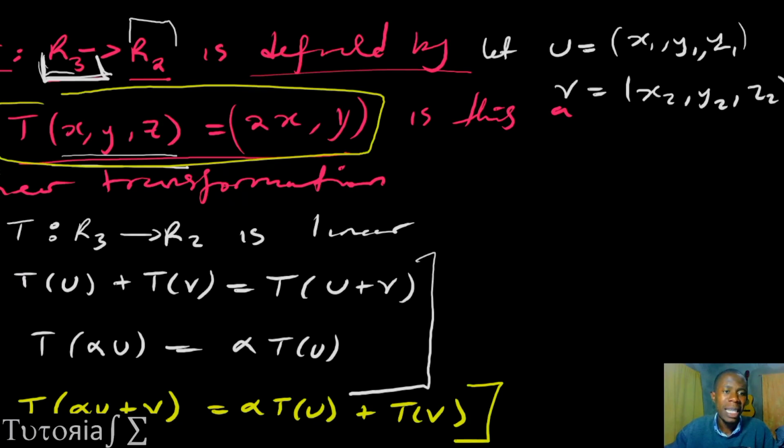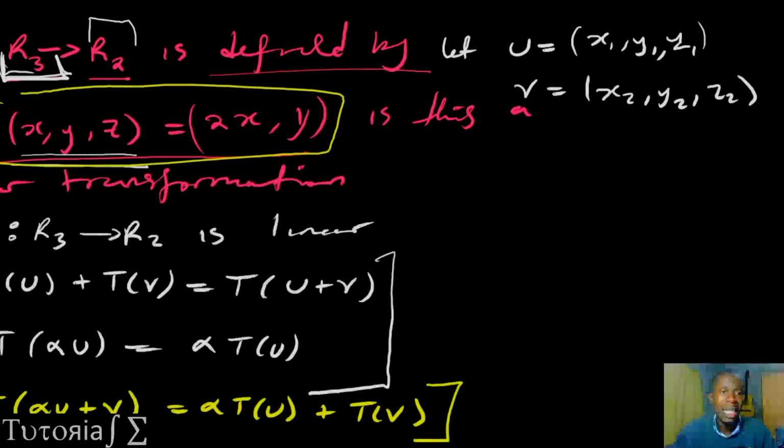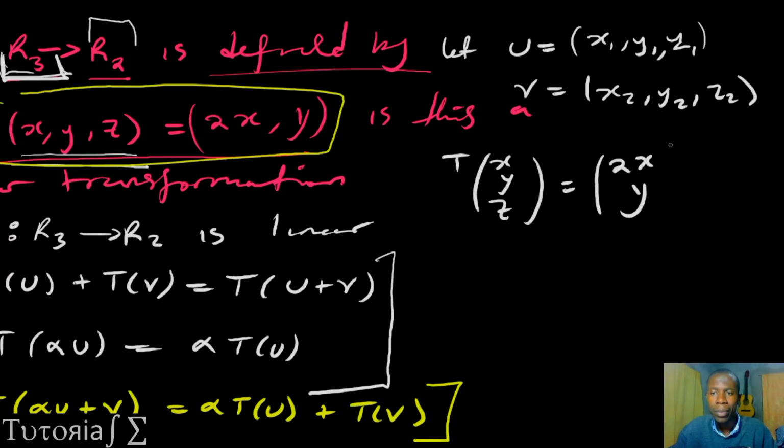The transformation is such that when you transform vectors in the object, x, y, z, you get a vector in 2 dimensions, 2x, y.